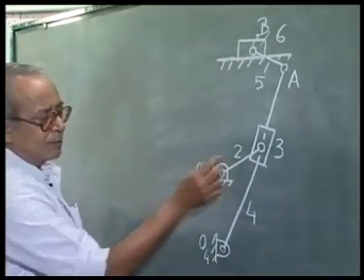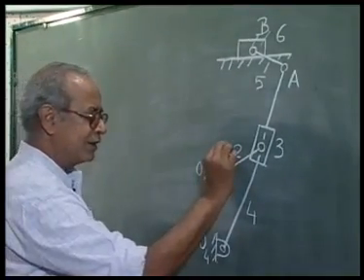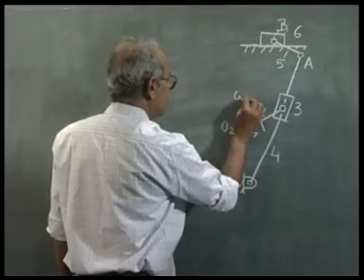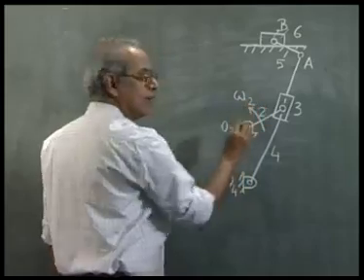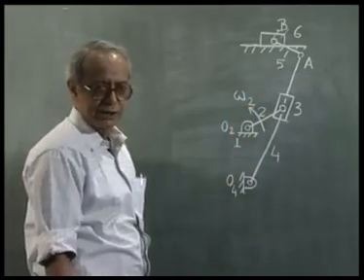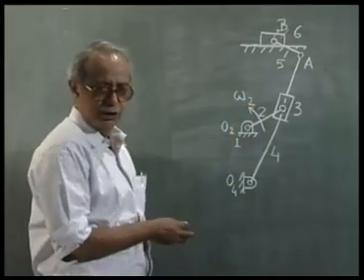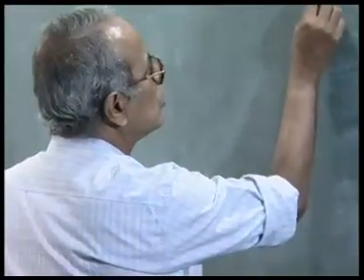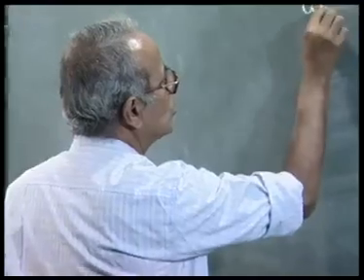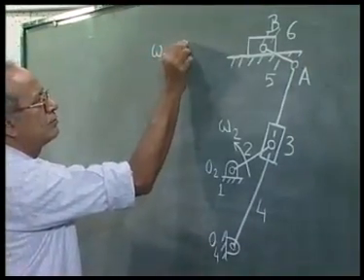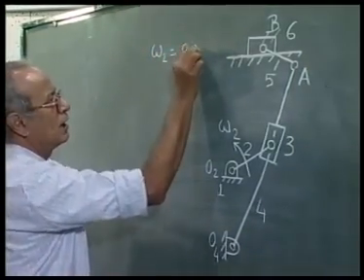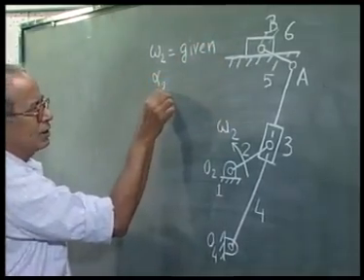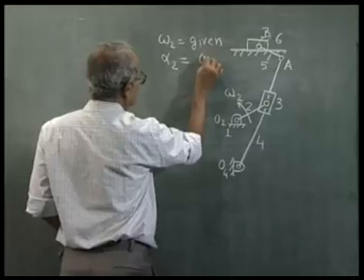So, the statement of the problem is the angular velocity of this input link omega 2 is given, and let us assume it to be constant. Of course, even if it is not constant, we can prescribe alpha 2 as well. So, omega 2 given and assumed to be constant, that is alpha 2 for this problem let us take to be 0.